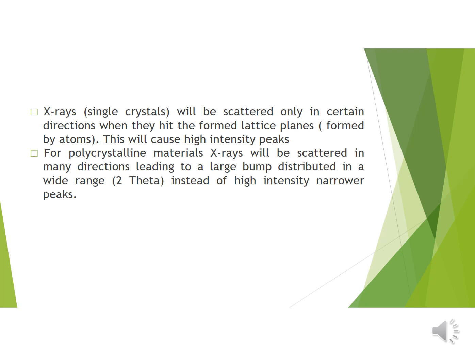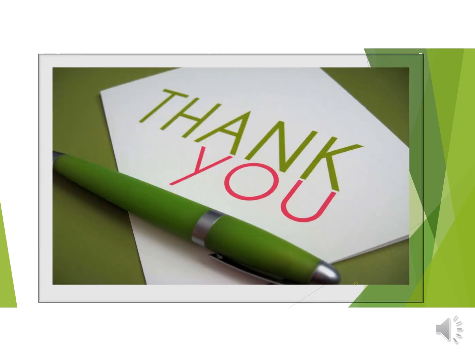It means that we get high intensity peaks in single crystal X-ray diffraction, while in polycrystalline materials or powder X-ray diffraction we obtain large bumps instead of the narrower peaks. Thank you.